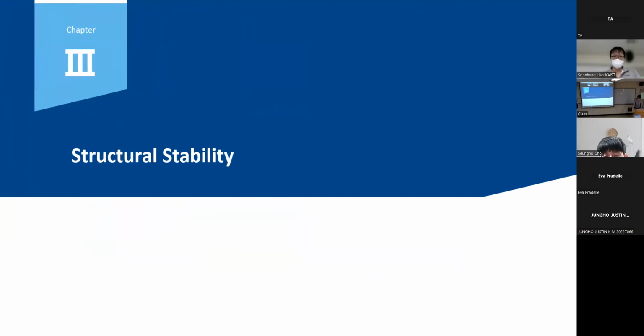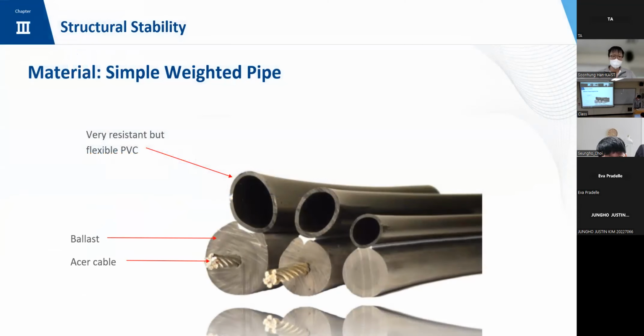What about the structural property of the bubble curtain? We researched two materials that are used for the bubble curtain. The first is the simple weighted pipe.